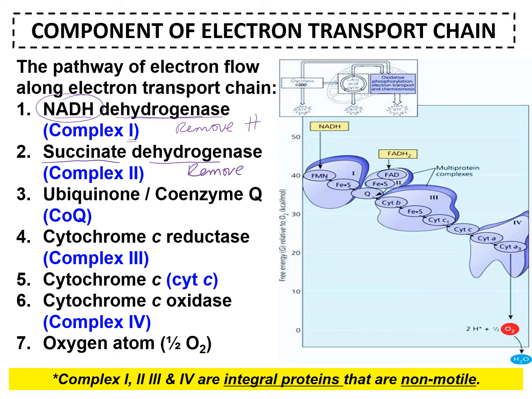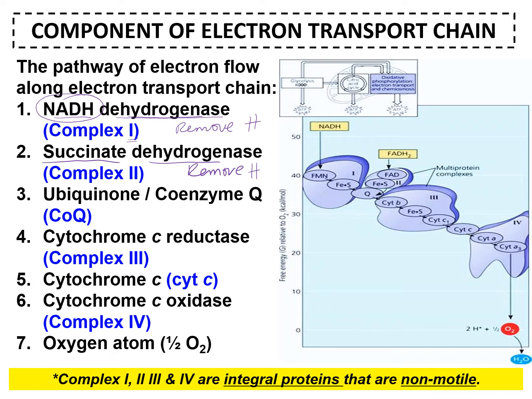Succinate is oxidized to fumarate. So succinate releases hydrogen to FAD, reducing FAD to FADH2. Then succinate is oxidized to fumarate. So, succinate dehydrogenase.